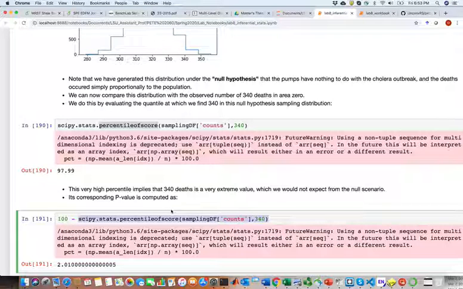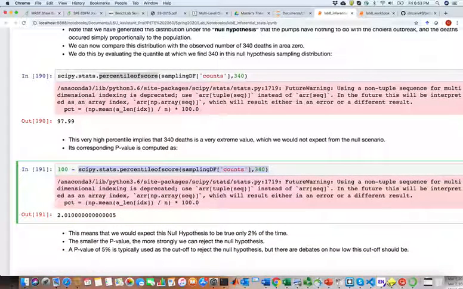The lower the p-value, the more confidence you have in the hypothesis. So the way it's interpreted is actually shown here. You will only expect the null hypothesis to be true 2% of the time because the p-value is 2%.